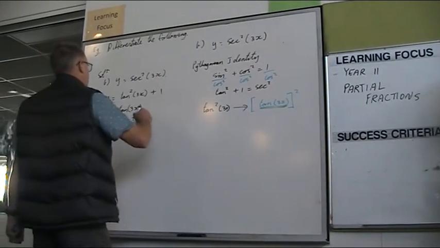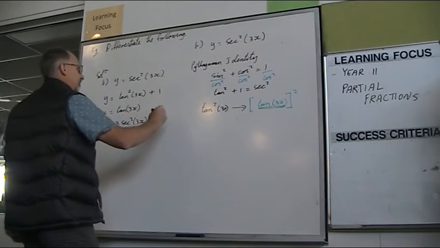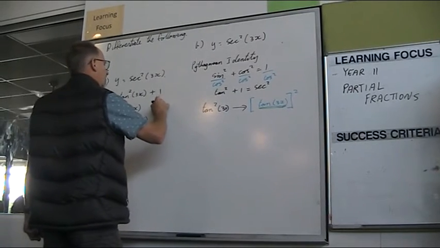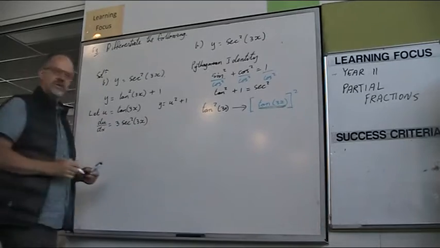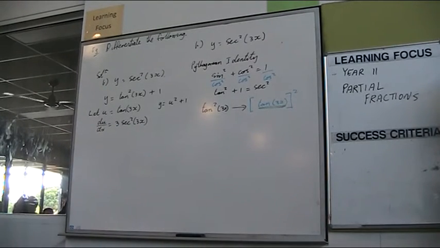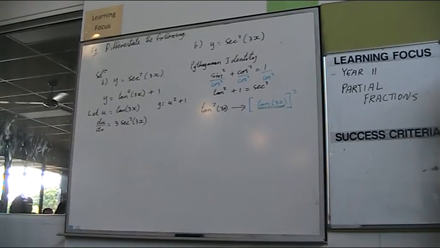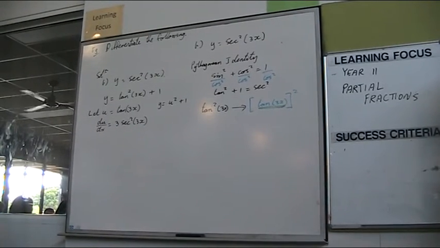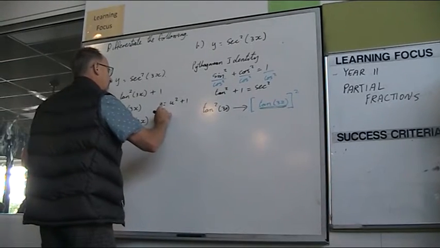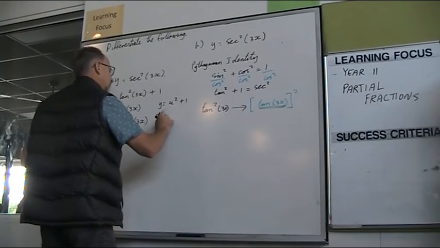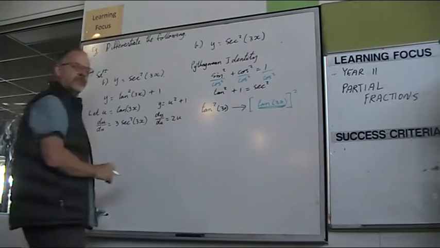Then, if we're letting u equal tan 3x, that means that y will become u squared plus 1. Would that be correct? And when we differentiate that with respect to u, I believe it's 2u.